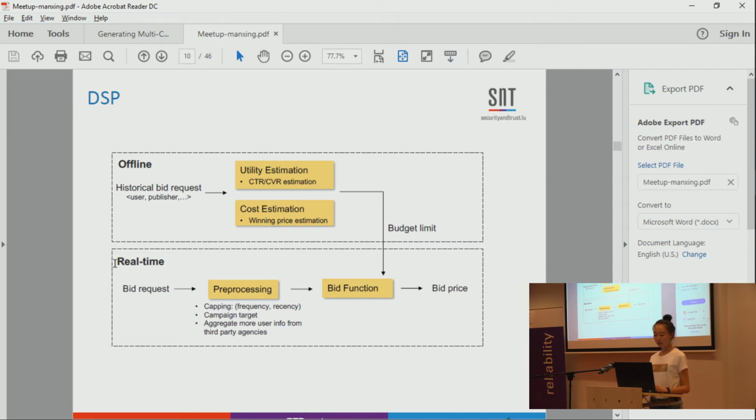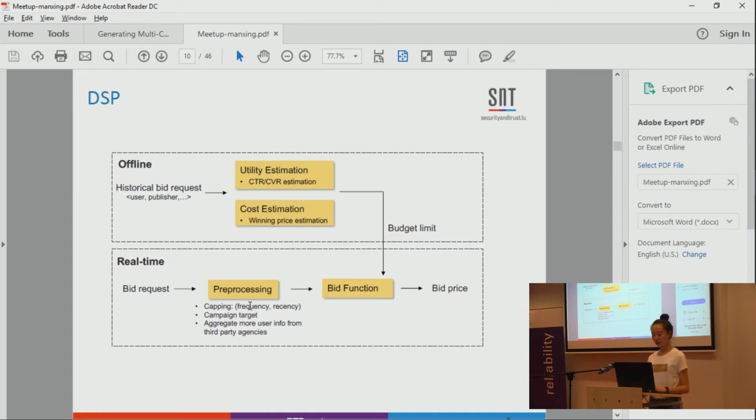In real time, once we receive a bid request, we first do something called data preprocessing. For example, the advertisements may be designed to be shown to a certain type of users, let's say only users from Luxembourg. So there are a few filters to target a specific group of users.